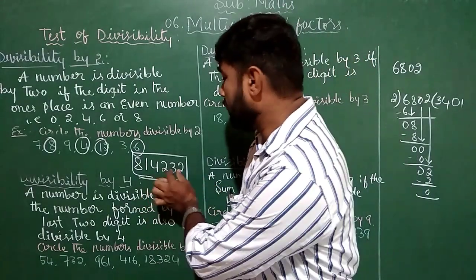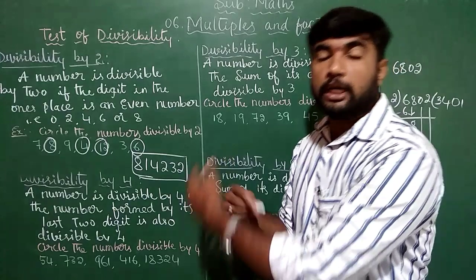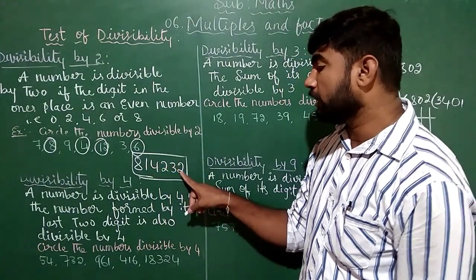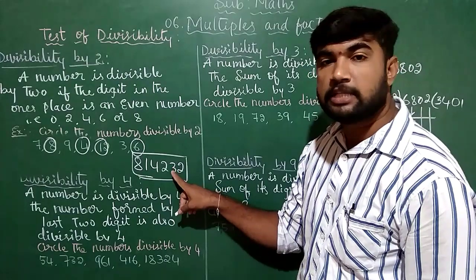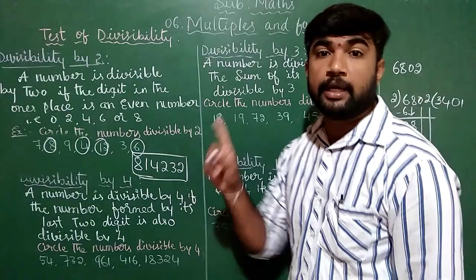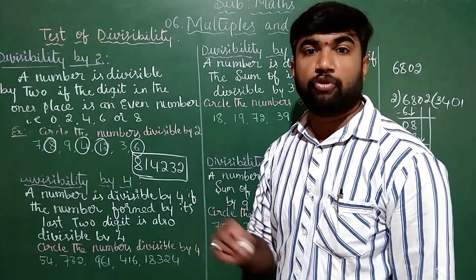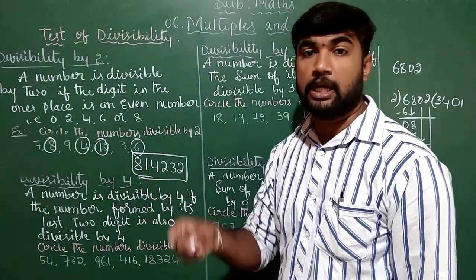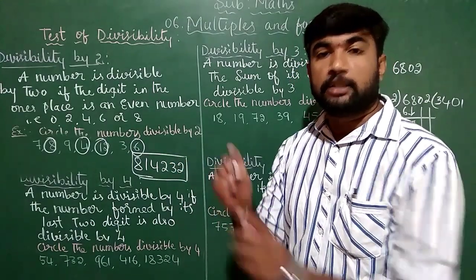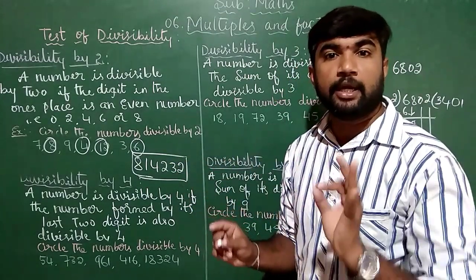By taking these two digits, here in the example 8,14,232, the ones place value is 2 and the tens place value is 3. We can check whether 32 is divisible by 4 or not. 4 1 ja 4, 4 2 ja 8, like that. 4 8 ja how much? 4 8 ja 32. The 32 is exactly divisible by 4.